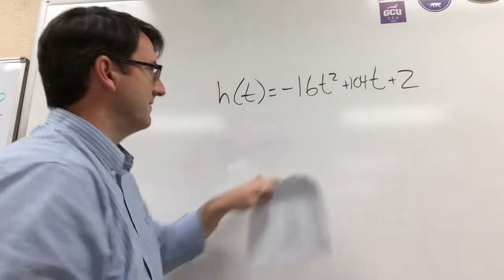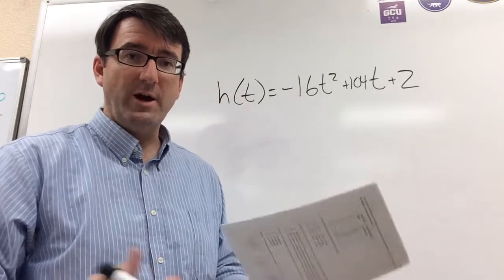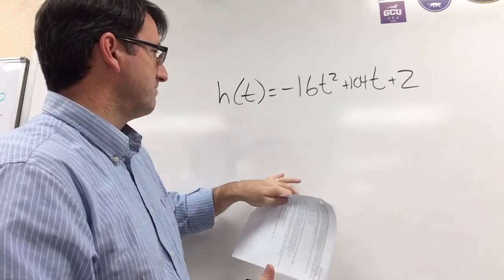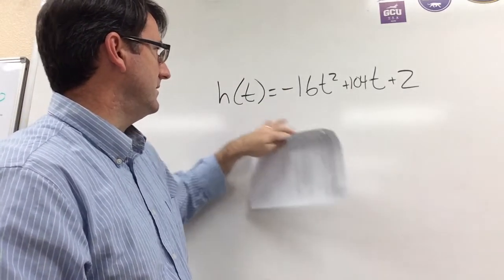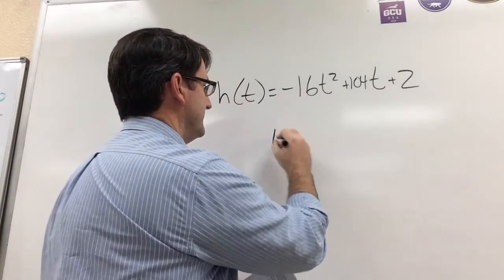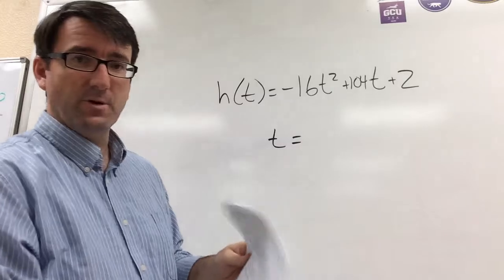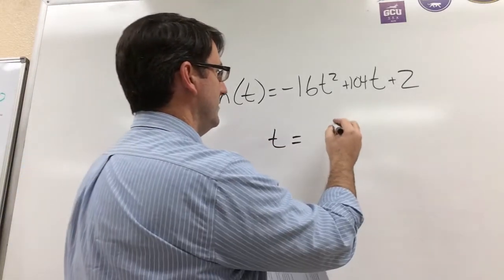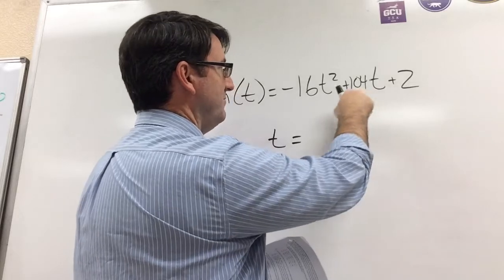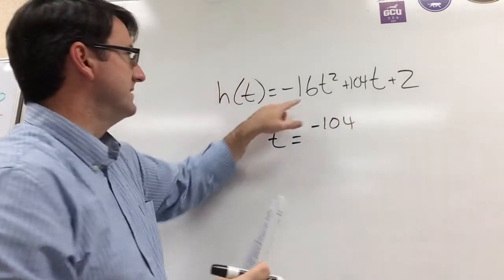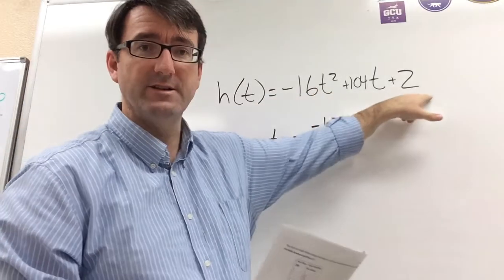And remember, to find the vertex of a quadratic function, the vertex of a parabola, with this in standard form, the vertex is going to be given by x, or t in this case, because that's our input variable. T is going to be equal to negative b over 2a. Remember, this is our a, this is our b, this is our c.